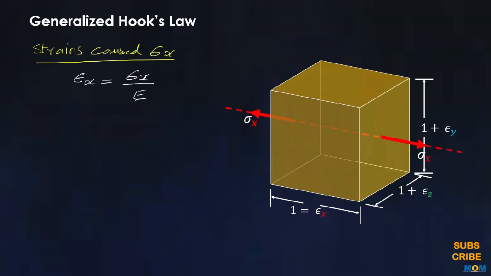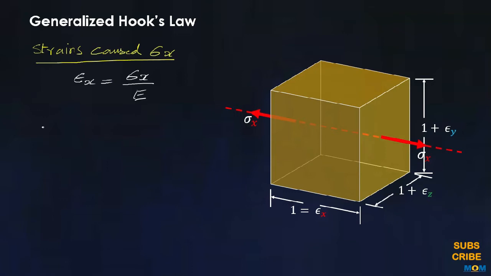Even though there are no stresses acting along the y and z direction, there are strains in these directions as the material contracts in the lateral directions. The strains in lateral directions are obtained by multiplying the longitudinal strain with the Poisson's ratio, as we discussed in the last session.